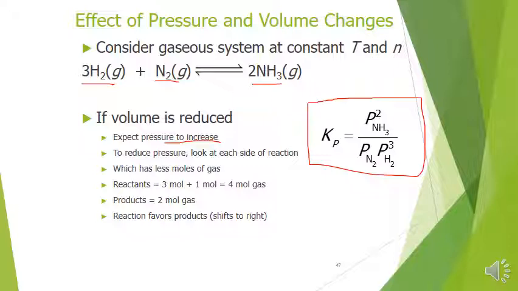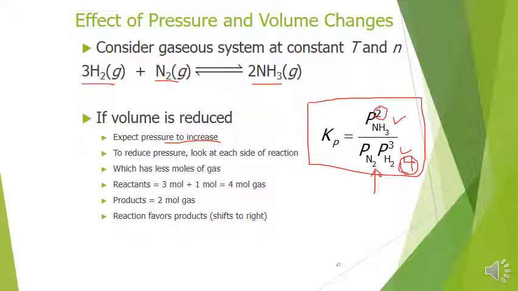So look at the reactant and product. The product has two particles, and the reactant has 4 particles. So the pressure is going to affect the reactant more than the product, because there's 4 times.